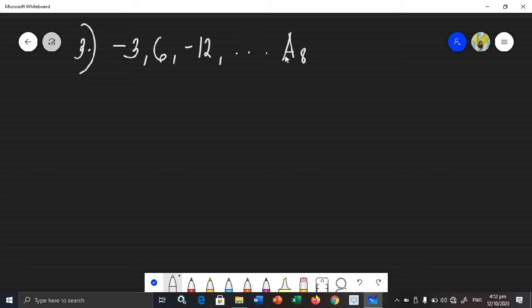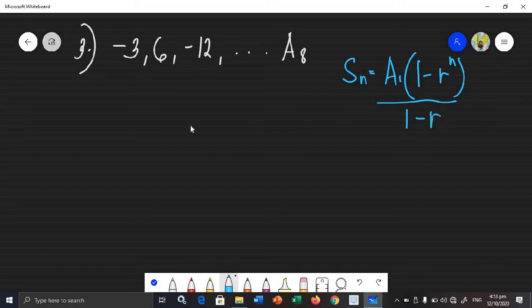Okay? So, of course, we can solve this using, again, the formula. In the sum of finite geometric sequence, S sub n is equal to A sub 1 times the quantity 1 minus r raised to n all over 1 minus r.